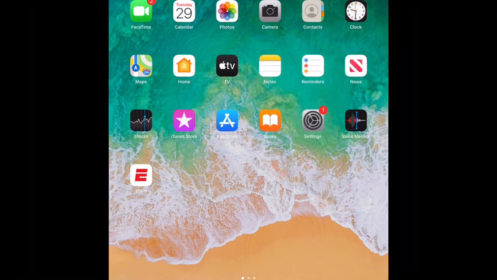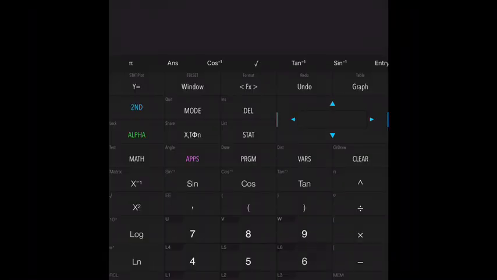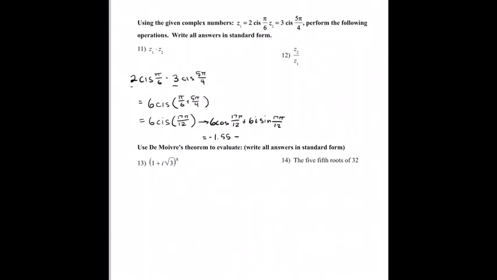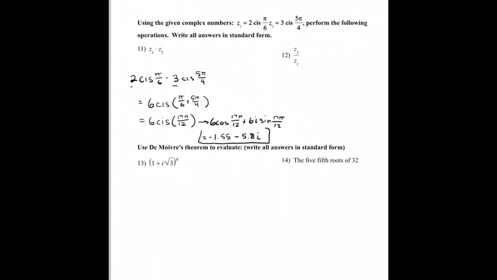Now 6 times the sine of 17 pi 12 is negative 5.8. So this would be the standard or rectangular form.